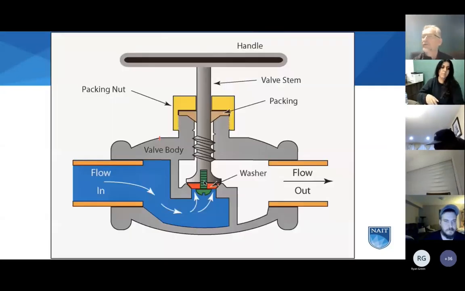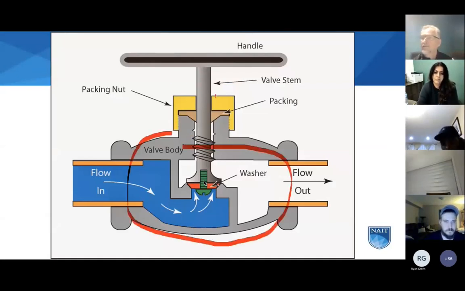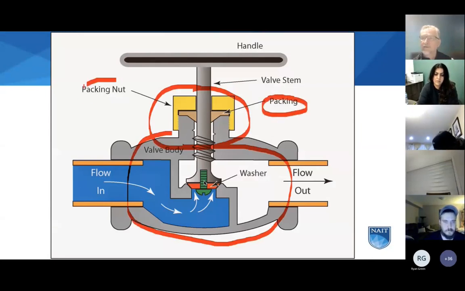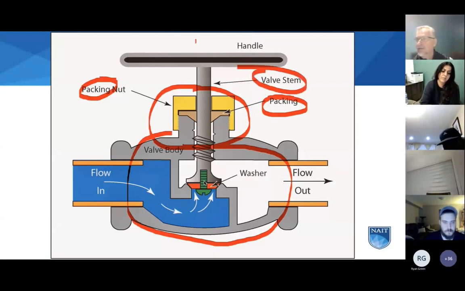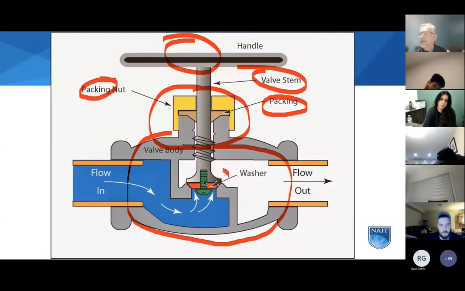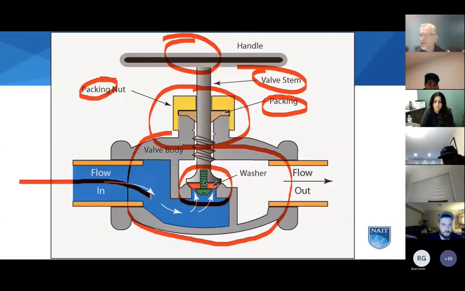Remember, a globe valve is different than a gate valve. So we have a body, we have a bonnet, some kind of a seal or packing with a packing nut or packing bolts, a stem and a handle like all the other valve types. But the disc is sitting across the flow, so flow must change direction.